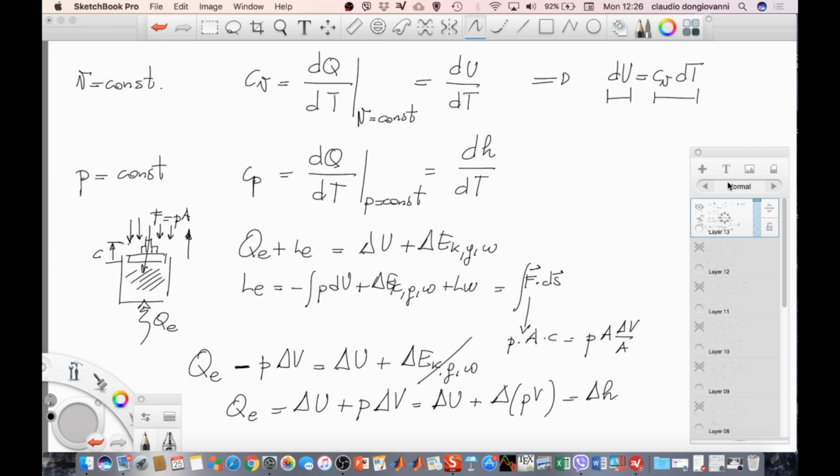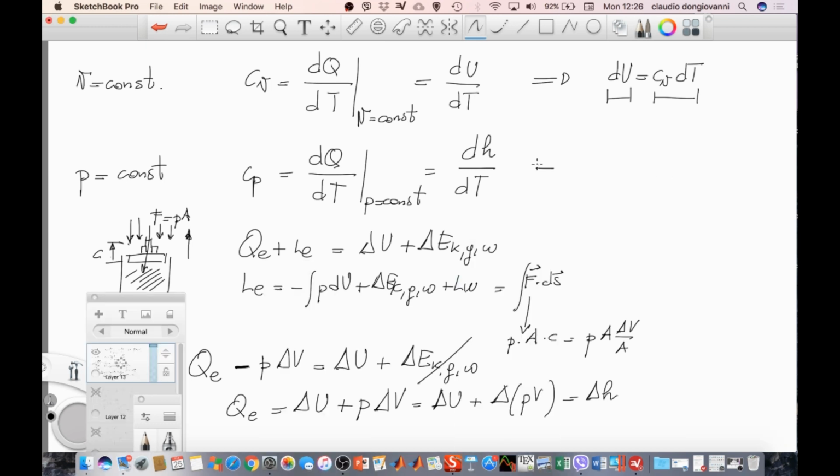Then we have that the variation of enthalpy is Cp delta T. Okay? And now, is it always true? Unfortunately, we only have one property here. This is true under some restriction. We have to examine that. A few seconds.